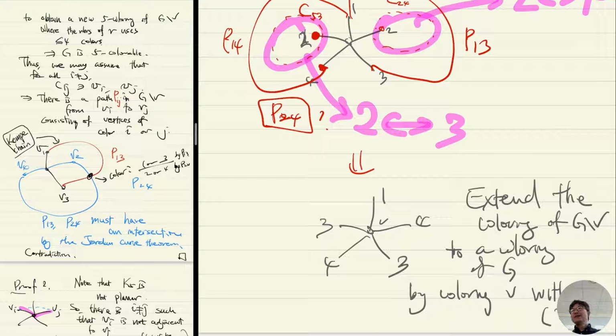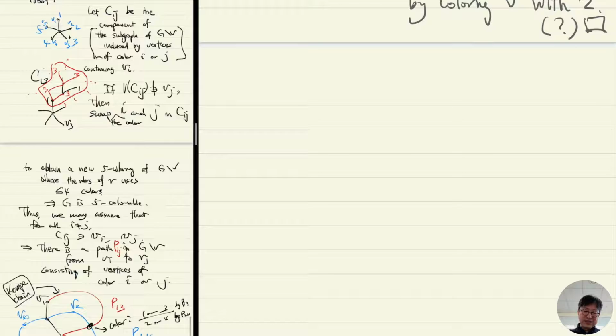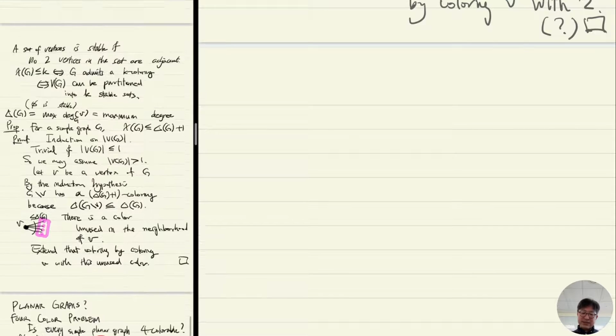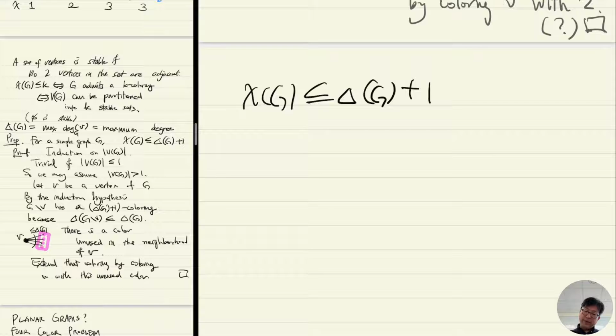All right, so that's about planar graphs. Now let's go back to degree argument. This Kempe argument is very useful to study vertex coloring. So here's another problem. So we proved that chromatic number is at most delta plus 1.